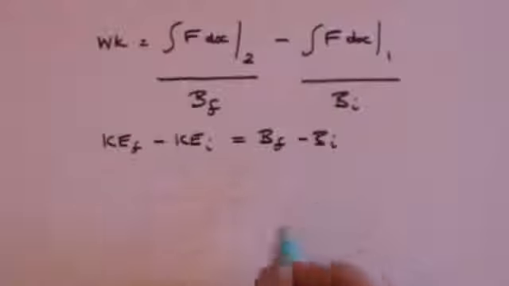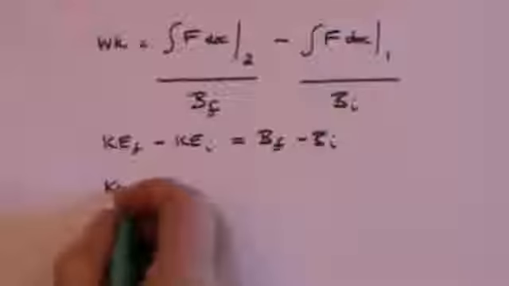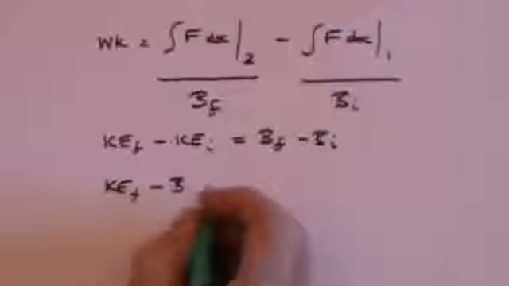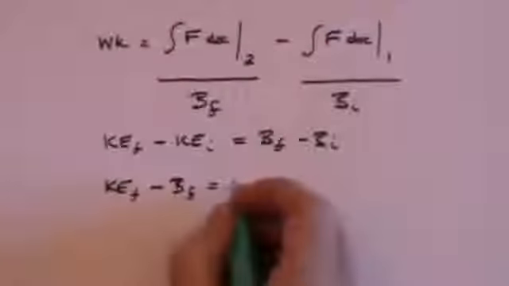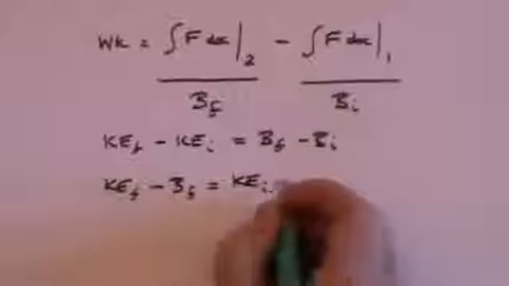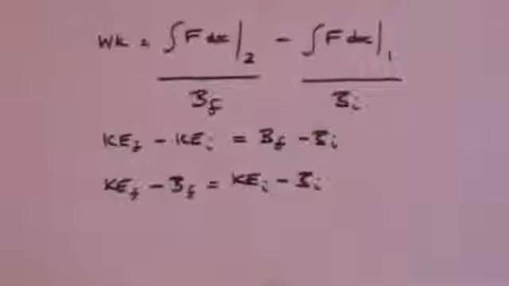Now, if we rearrange this formula, we get that KE at the final stage minus B at the final stage is equal to KE at the initial stage minus B at the initial stage. And that's not quite what I want, because I'm actually trying to go for something that is conserved. So I really want two sums that add up together.